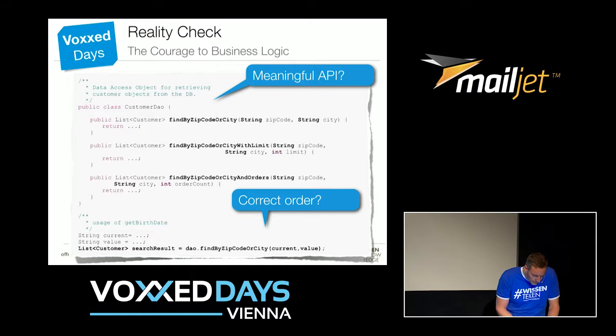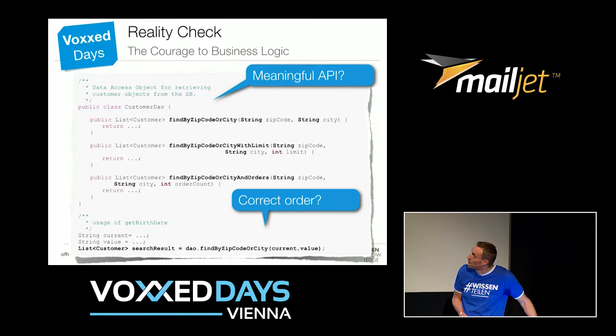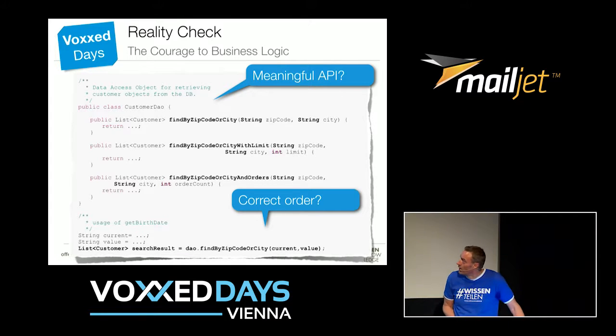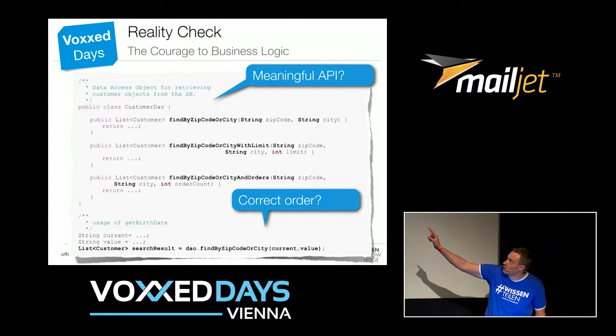And there's something like find by zip code or city, and then you place several strings inside, and then you have something like find by zip code or city with limit, meaning only the first 100 or something like this, and you have something like find by zip code or city and orders, and you have the same signature, string, int, this time.